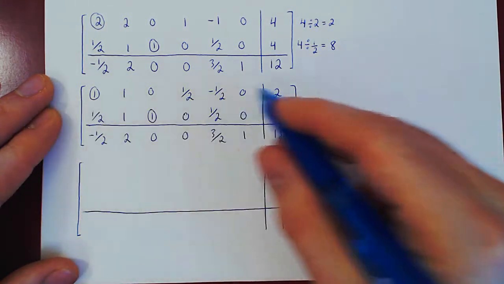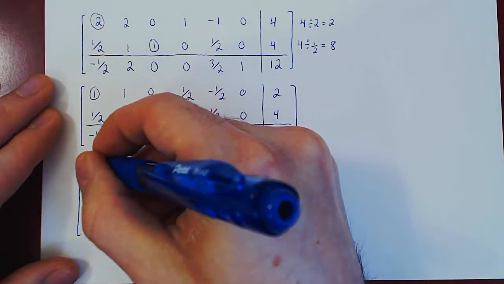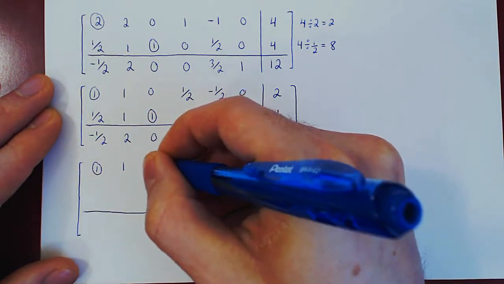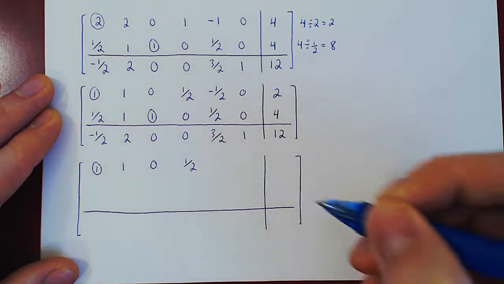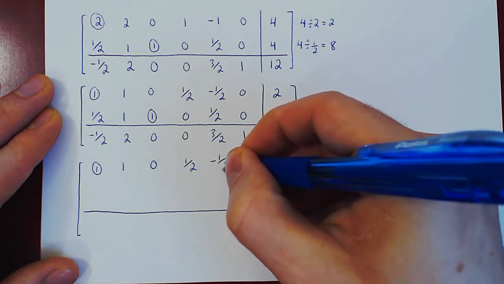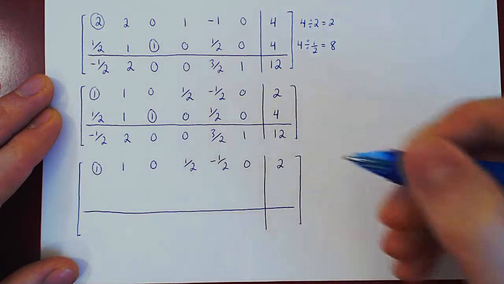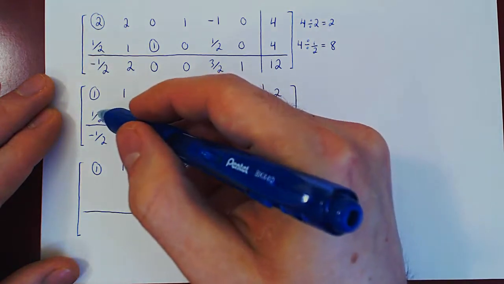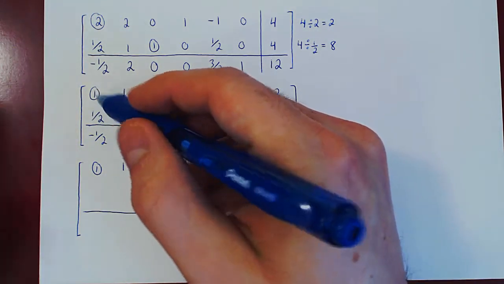We can recopy the first row now, as it is the only row that we're not changing in this step. Okay, so first operation, row 2 minus 1/2 of row 1.